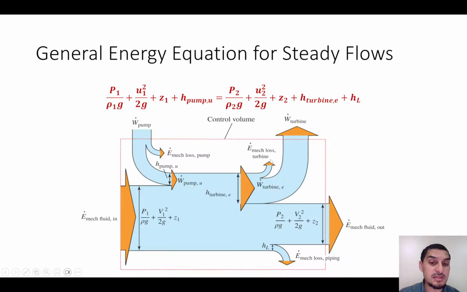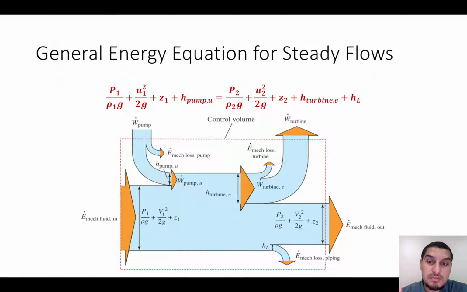Part of it will be lost in terms of losses, and part of it is converted into electricity. And it's very important here to understand these two letters, U and E, because we need to have a good understanding of this equation and what it is concerned with. This equation is concerned with the fluid.